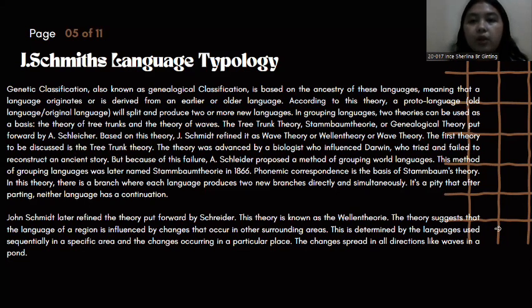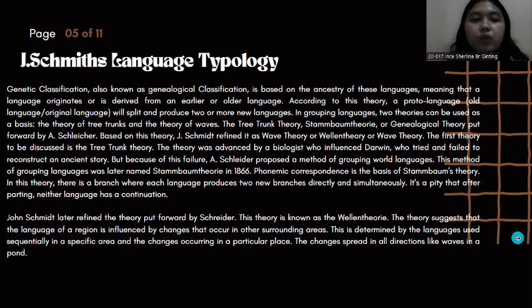In grouping languages, two theories can be used as the basis: the family tree theory and the wave theory. The family tree theory, stammbaum theory, or genealogical theory, was put forward by A. Schleicher. Based on this theory, Ginting's reference is the wave theory, or valence theory.